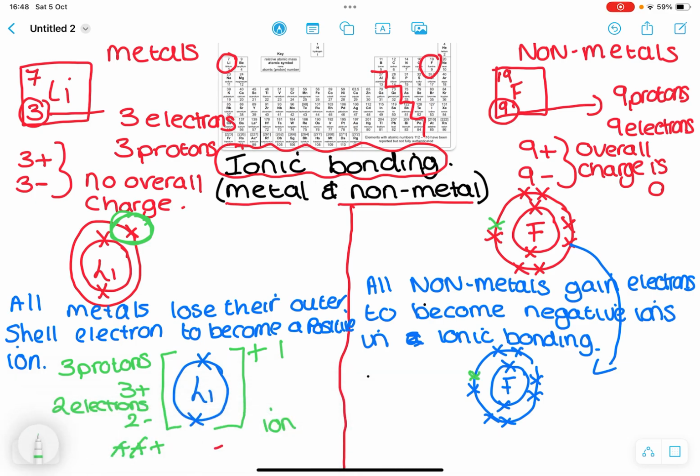Now because of that, we've still got 9 protons. They've not changed at all. Okay, so we've got 9 positives. I'm going to put that over there. But now we've got 10 electrons. So we've got 10 negatives. If you have plus 9 and you take away 10, you are left with a minus 1. So this negative ion has a charge of minus 1.